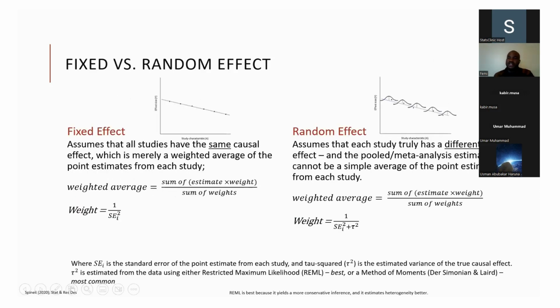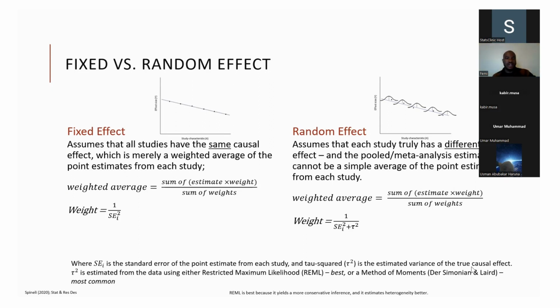So for the fixed effect meta-analysis, the assumption is all of the studies have the same causal effect, compared to the random effect meta-analysis, where we assume that each study has a different causal effect. So you will see that if you use the same set of data and do a fixed effect meta-analysis and then do a random effect meta-analysis, you will get different results because you are using different parameters.